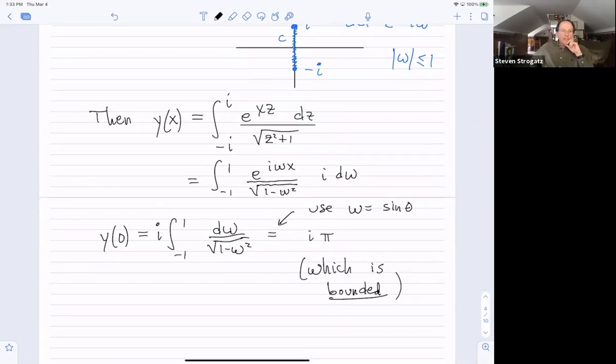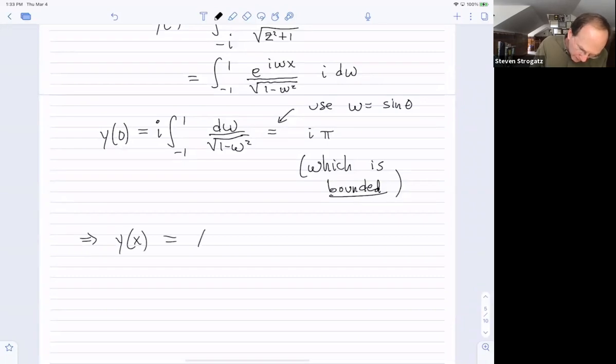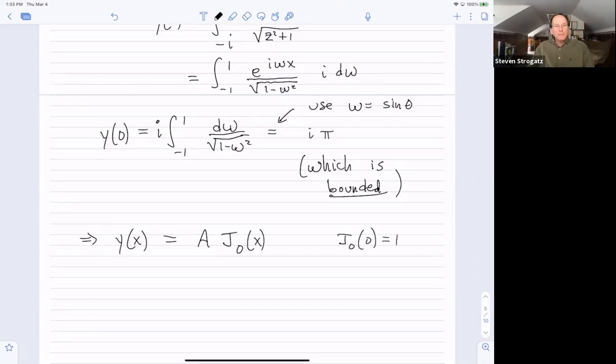And so that's telling us that the thing we've just constructed is some scalar multiple of J0. It doesn't have any singular part in it. If it did have any Y0 in it, it'd be blowing up. So this thing that we've just written down, the y of x, is some constant, let's say A times J0 of x. And since J0 of 0 is 1 by definition, whereas y(0) is just A, but we've already decided y(0) is also i pi.